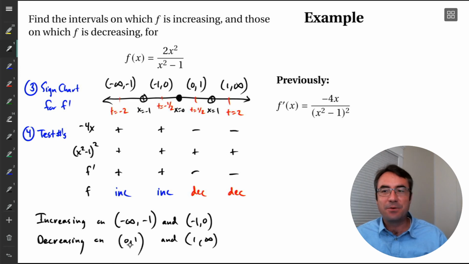So this interval ends at 1 and this one starts at 1. But unfortunately, because our original function is undefined at 1, we can't combine these intervals into one kind of larger interval. And so if you were to graph this function out, what you'd actually see is there's a jump. There's an infinite jump at -1 and +1.